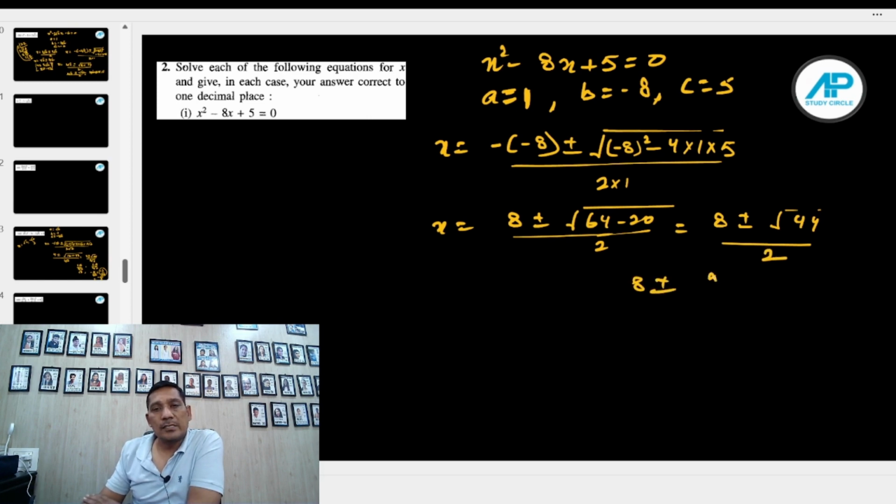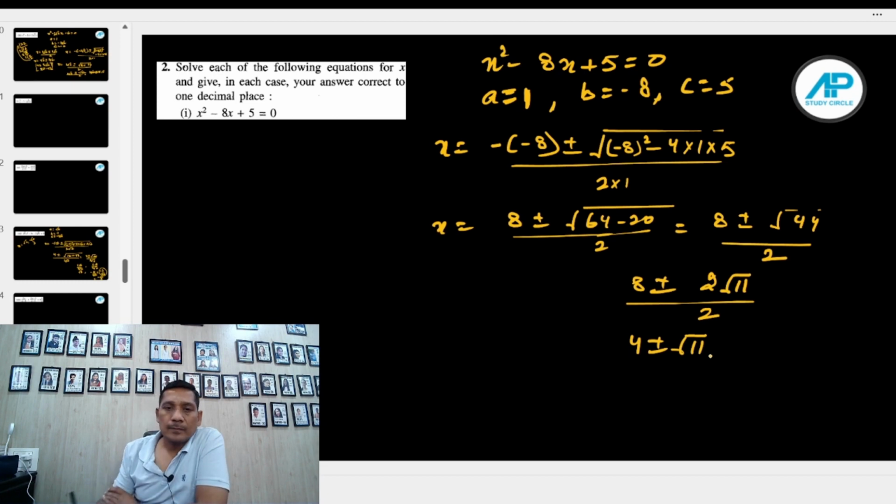Now it is, so we take out 2 common everywhere. 4 plus minus root 11. They are asking us for the solution to one decimal place. So what they're asking us to do in this question is to find the value of square root 11.